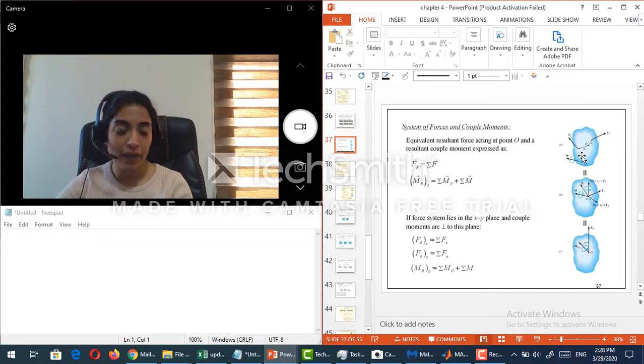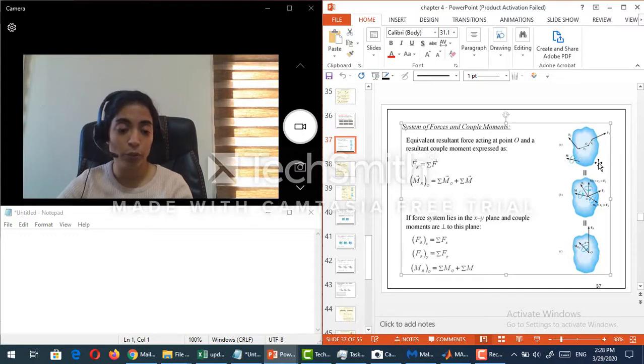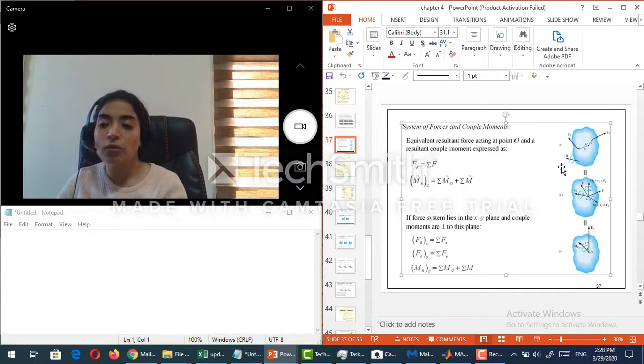Assume that I have this example right here where I have a lot of forces on a body with an external moment. So basically, guys, any external moment is also a free vector. Free vector means I can put this moment in any point on this body because basically this is the result of a couple force.